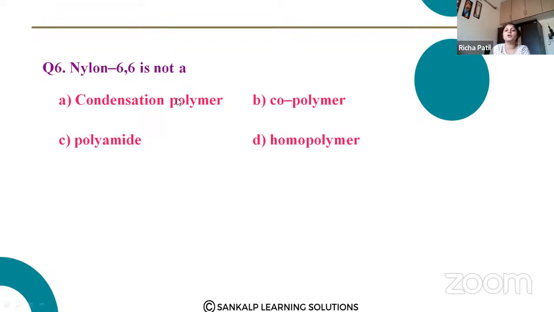Nylon 66 is not a what? You know it is an example of polyamide, correct. It undergoes condensation polymerization, correct. It is a copolymer, correct.